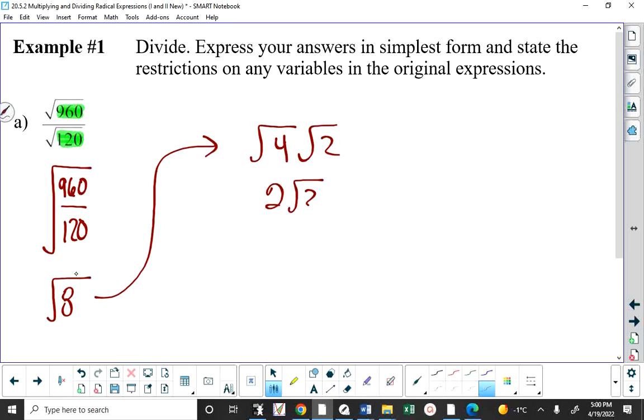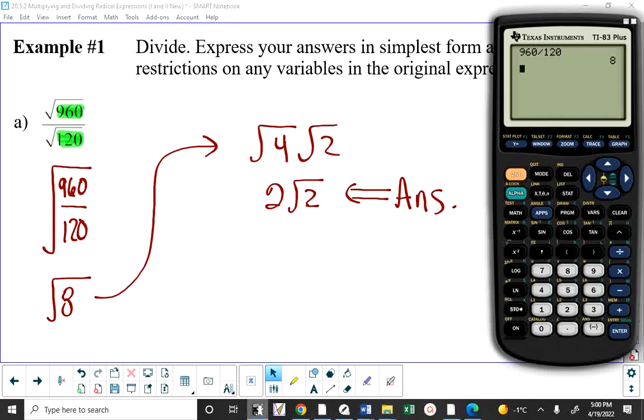And I'm not saying that you should check every time, but we can certainly check this against our calculator by determining the value of the square root of 960 divided by the square root of 120, and then calculating the value of what we believe the answer to be, which is 2 root 2. And we get the same number.